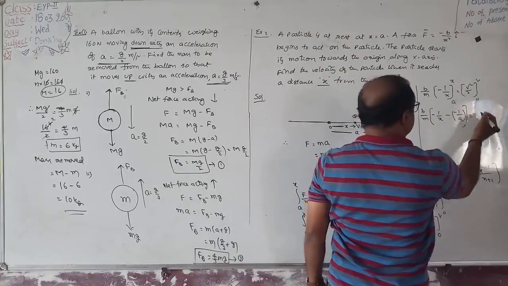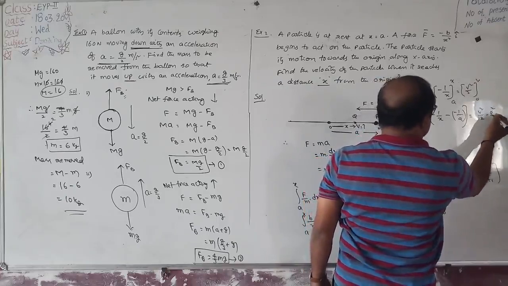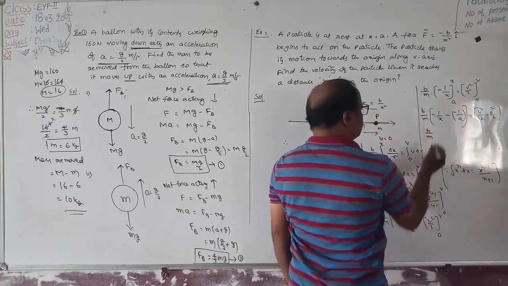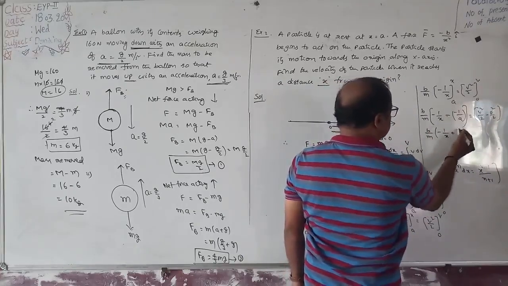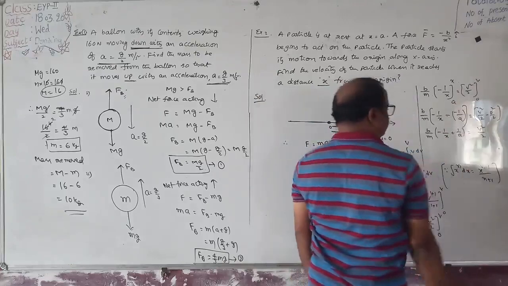That is equal to here v square by 2 upper limit minus 0 square by 2 lower limit. So b by m into, here what is the value, minus 1 by x minus into minus plus 1 by a is equal to here v square by 2.